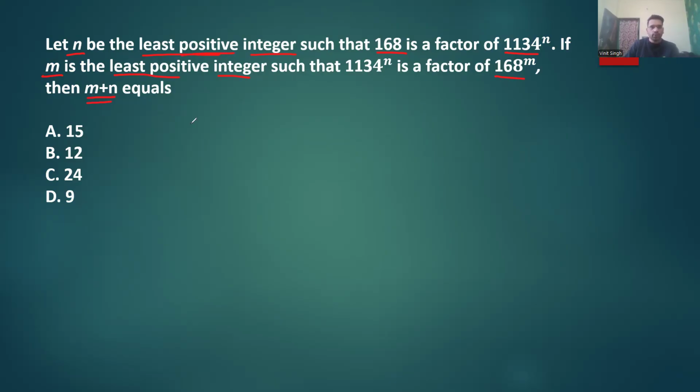So for 168, we will find the factors. First of all, we divide it by 4. Here is 4 into 7 into 6, so we can write 2 into 2 into 7 into 2 into 3. So it becomes 2 power 3 into 3 power 1 and 7 power 1.